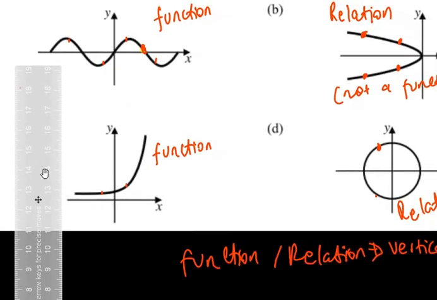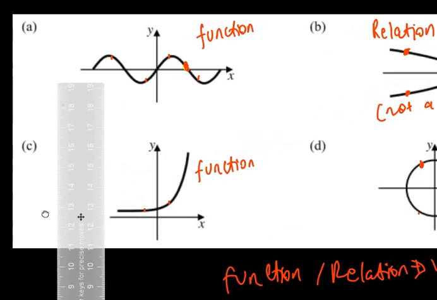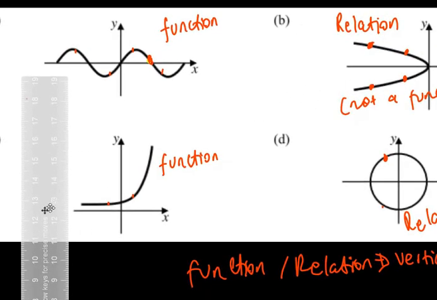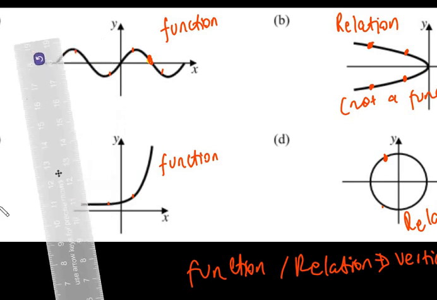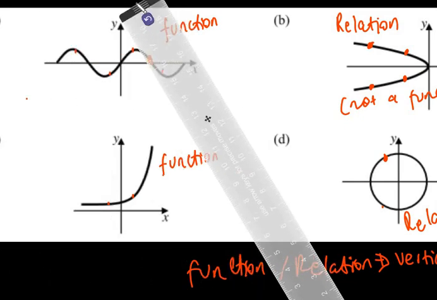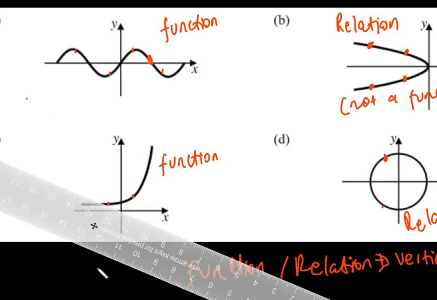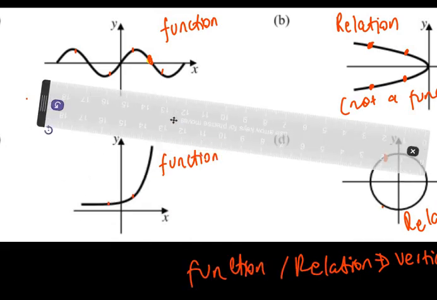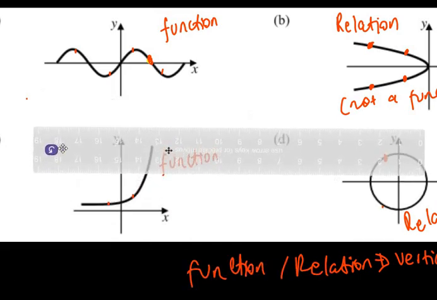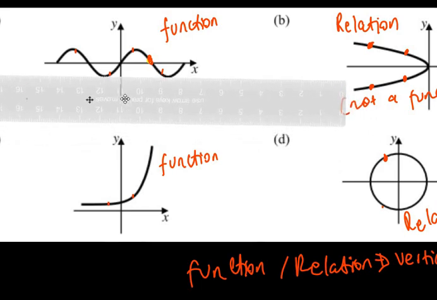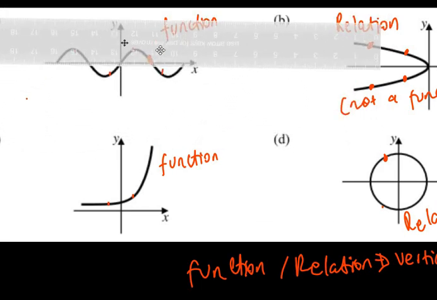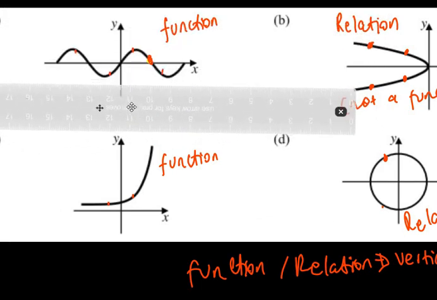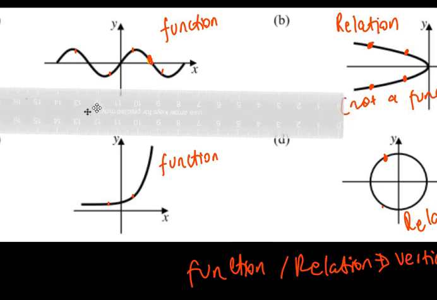So that means our ruler now, we must flip it. I'm going to turn it to be a horizontal ruler, I mean to face horizontally. So for me to tell whether this function is a one-to-one or many-to-one, I'm going to move it up. That is the horizontal line test.